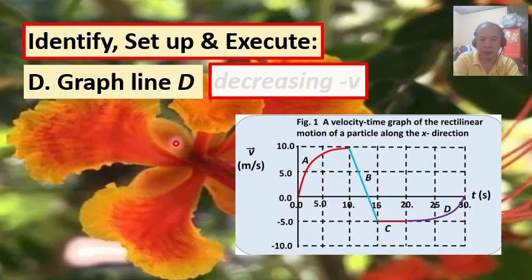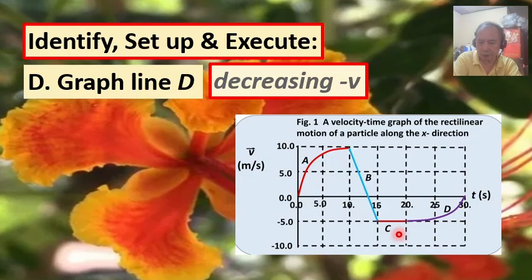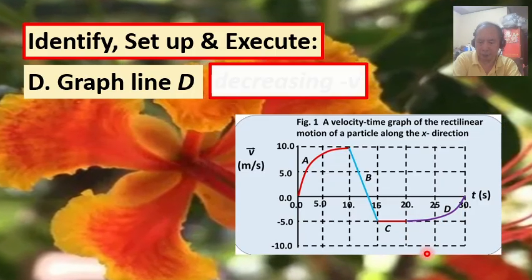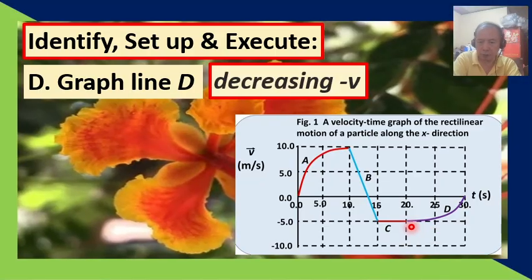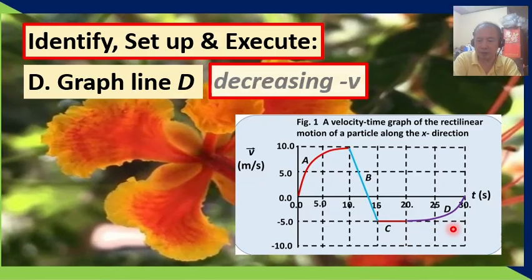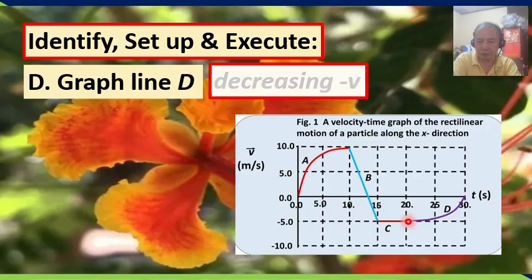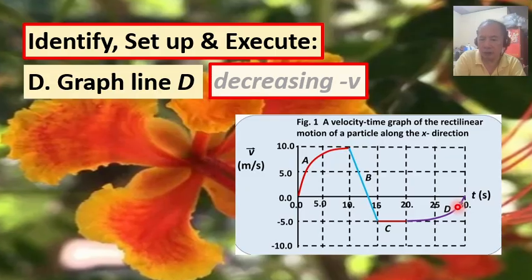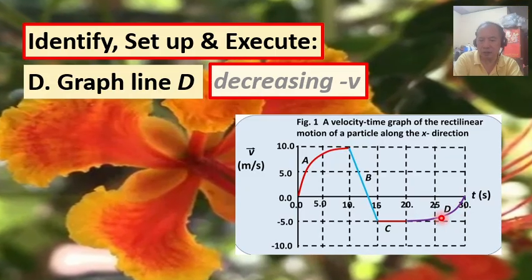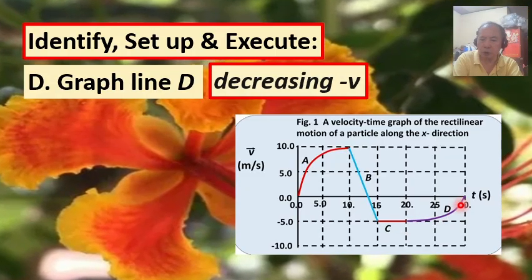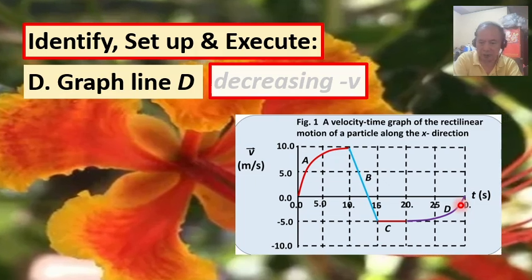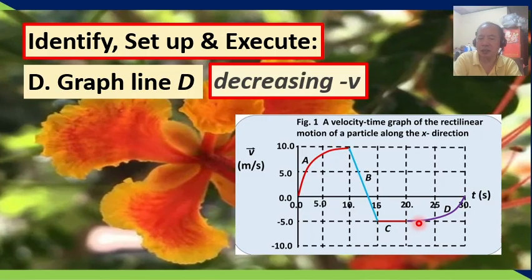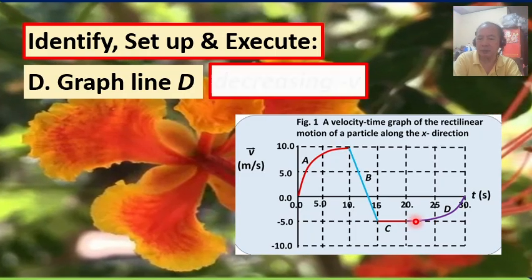Finally, for graph line D, right? Graph line D represents the motion of the particle for the time interval 20 seconds to 30 seconds, right? And you notice that graph line D is not straight, but it is a curve sloping upward to the right, starting at a velocity that is negative, right?